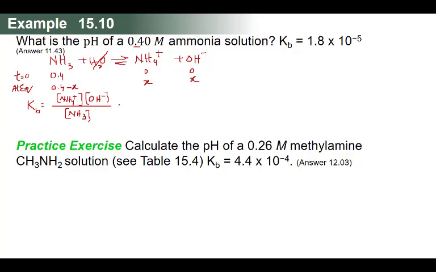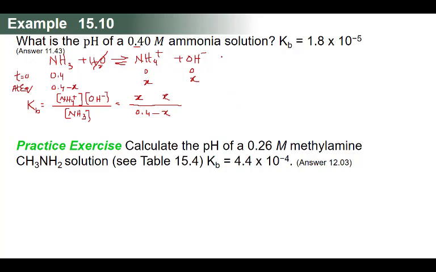Then this will be equal to X square, because ammonium is X and hydroxide is also X, and the ammonia is 0.4 minus X. Now we write the value of Kb.